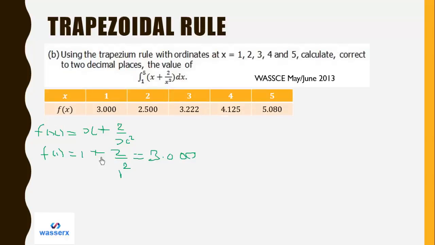Now, using the formula, the trapezoidal rule says that the area from a to b, from 1 to 5, of f of x, which is x plus 2 over x squared, dx, will be equal to h over 2.